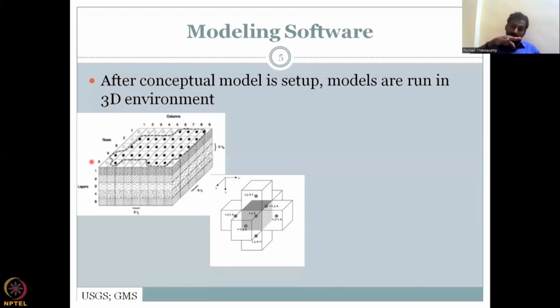Either it moves in the X direction, Y direction, or Z direction, and what is the velocity. Based on the velocity, the other neighboring cells get activated, and then the water comes in from the central grid. So this is how water moves from one grid to the next grid.